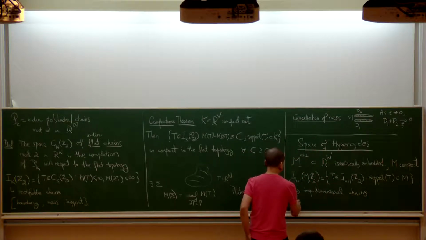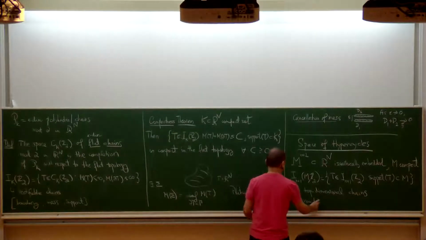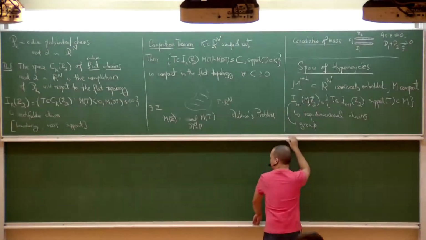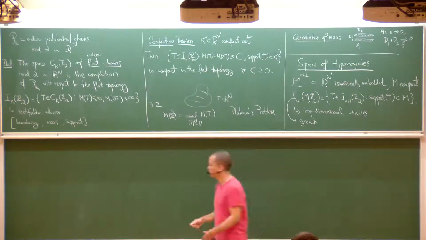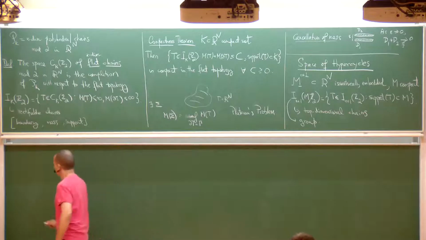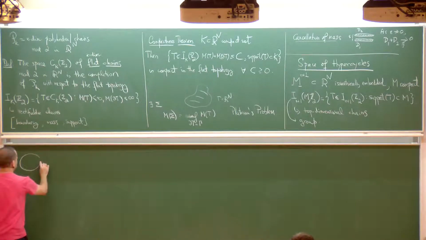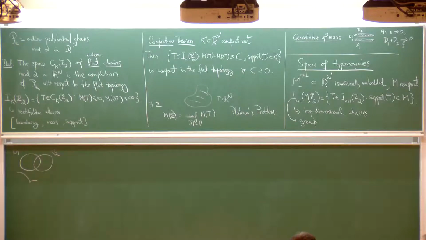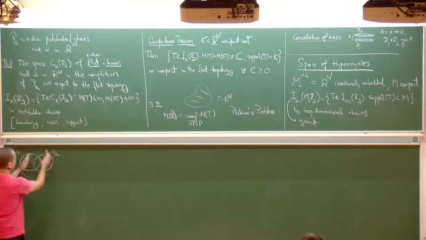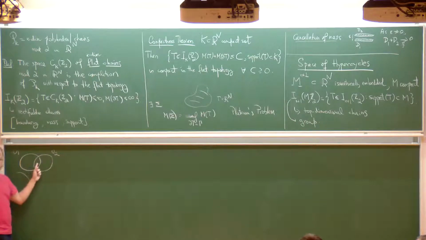So this space is actually a group. One can think of an element here as just some region in my manifold. For instance, if I take two top dimensional chains, let's say some region U1 inside my manifold, and another region U2, thinking about the open sets here, then if I consider the sum of them, the overlapping region will cancel out because it appears with multiplicity 2.